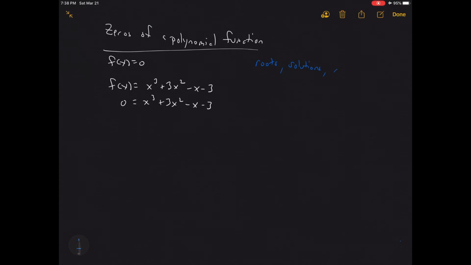And they can also be called the x-intercepts of a function. So all 4 of these are synonymous, and you might hear or see all of them at some point. So just know that when you see any of those things, it means to do exactly the same thing. You're just finding or solving this equation for x. Make sure that it's equal to 0. So the polynomial must be equal to 0.